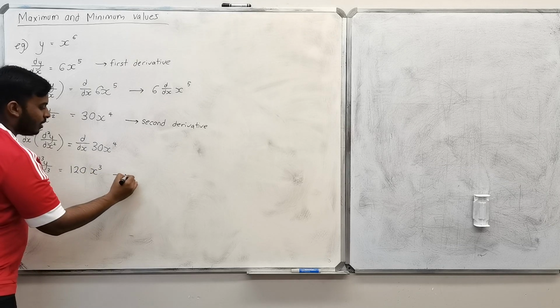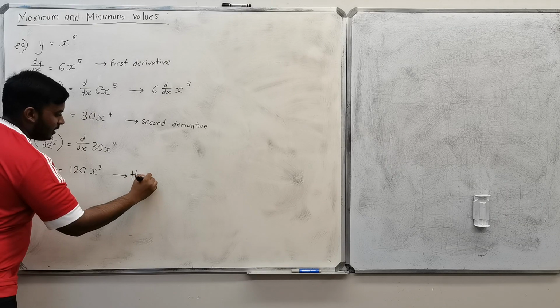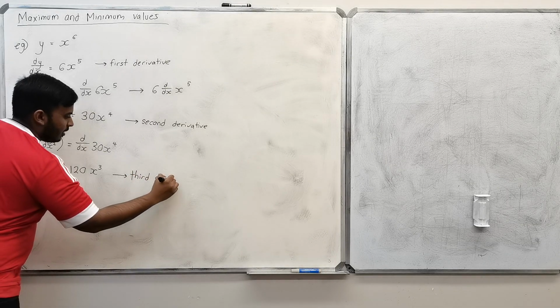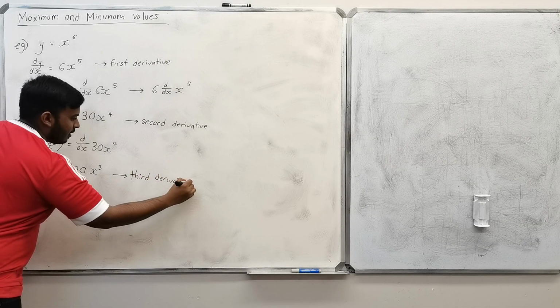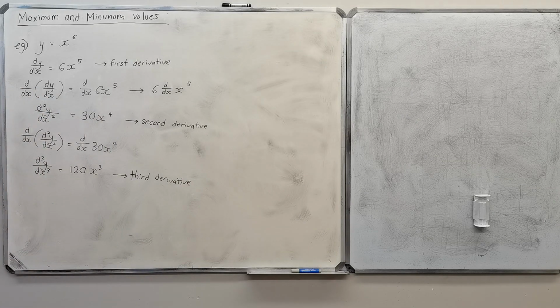This here is your third derivative. You can go on until you end up with 0, because once you differentiate 0, you're not going anywhere. But this is successive differentiation, when you continue differentiating the equation. So this was your first derivative, this was your second derivative, this is your third derivative.